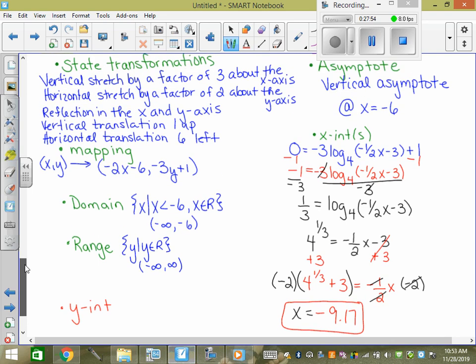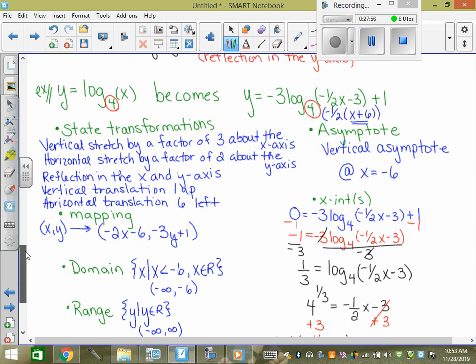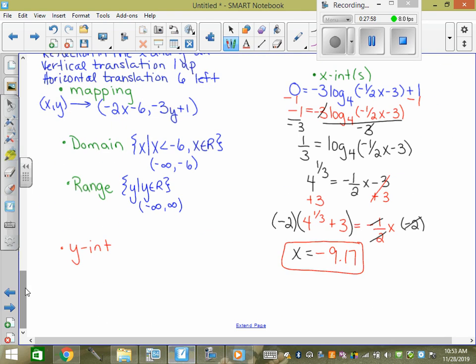So my equation is negative 3 log 4 of negative a half times 0 minus 3, plus 1. So you're literally just plugging that in. And the negative a half times 0 is 0. Okay, plug it in.